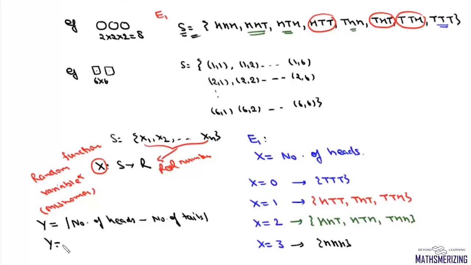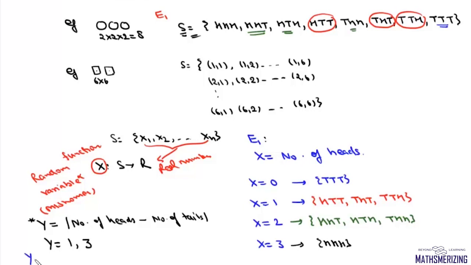Y cannot be 0 because number of heads cannot be equal to number of tails. So Y obviously is going to start with 1. Now it cannot take the value 2 because 2 has to be 3 minus 1 and that is not possible. Or it can have this value 3. So in this case, this random variable Y can take only two values 1 and 3.